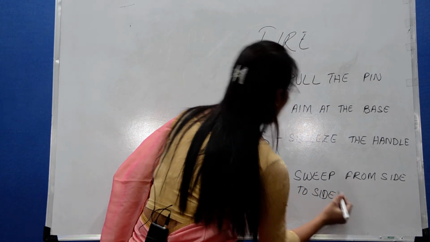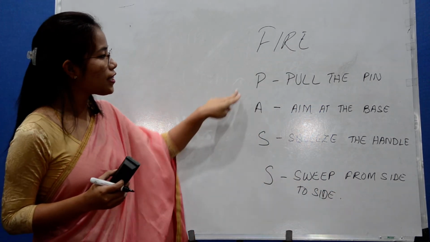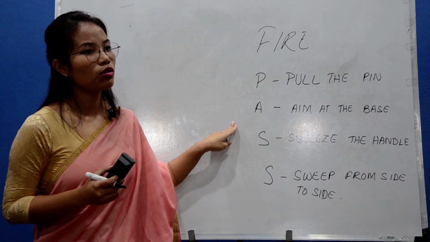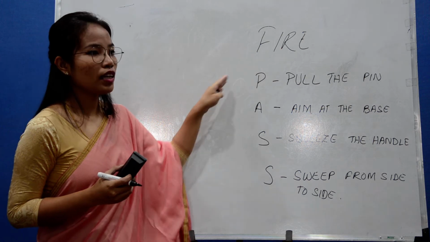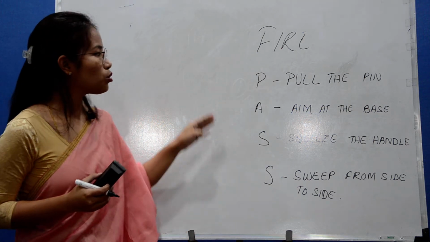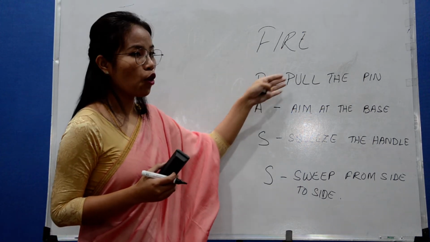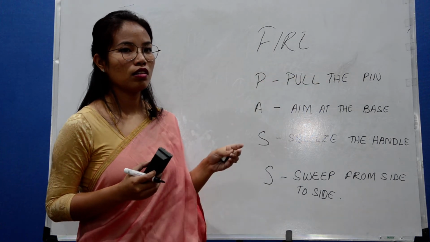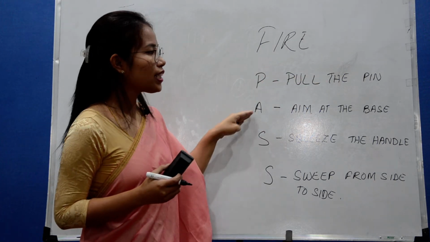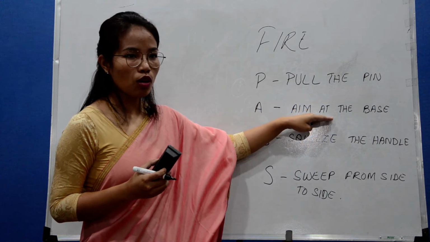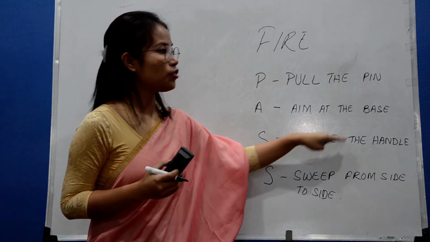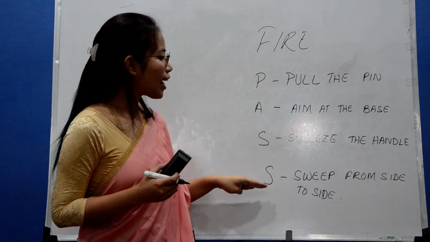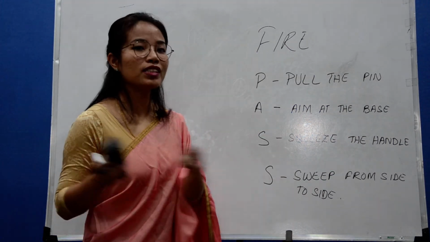So these are the steps that you are supposed to follow while using an extinguisher. So first, P stands for pull the pin out. A stands for aim at the base of the fire. S stands for squeeze the trigger handle. Then S stands for sweep from side to side.